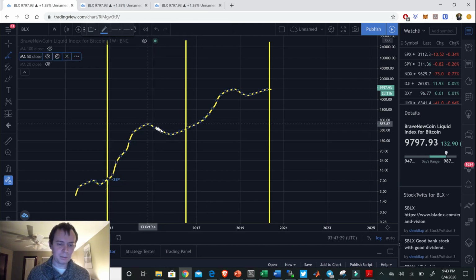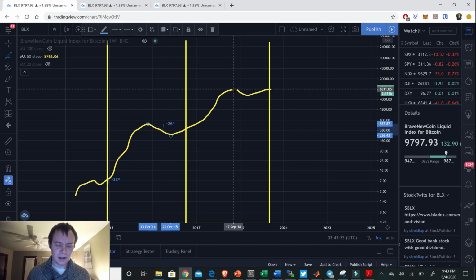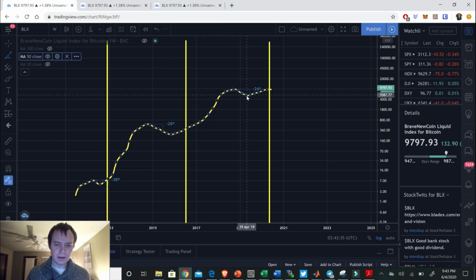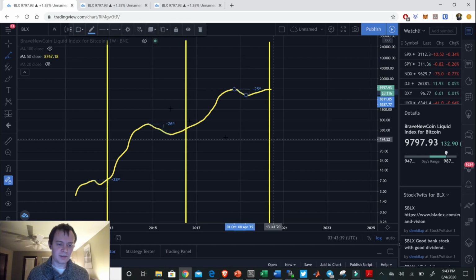Negative 38 degrees. So peak here to the bottom, negative 26. And then peak here to the bottom is around negative 25 or so. So you can see that this bear market and this bear market have actually been fairly similar in terms of the rate of their drop.